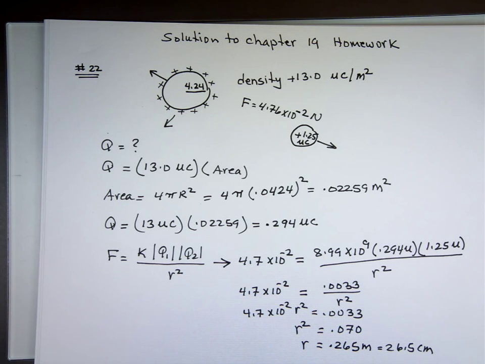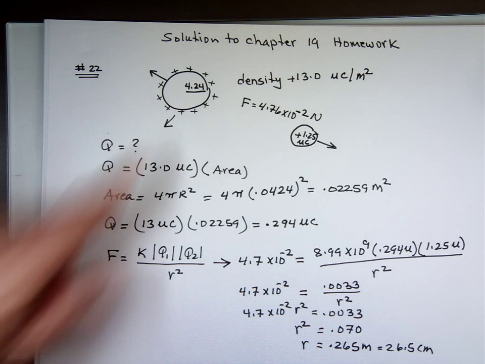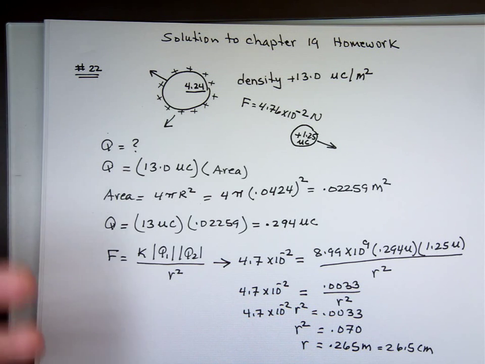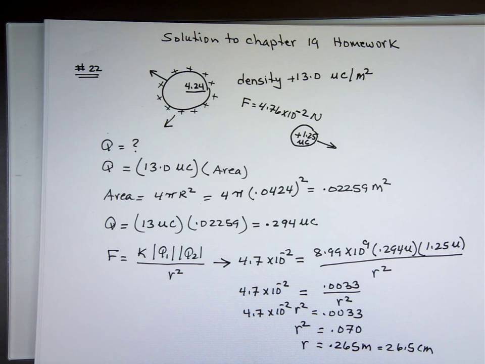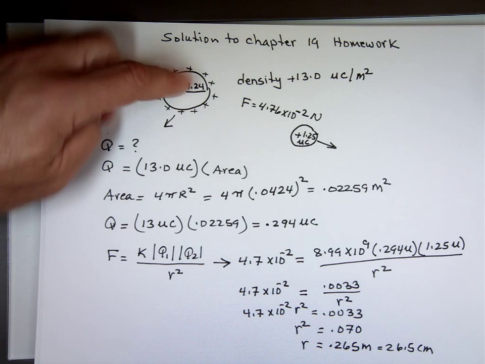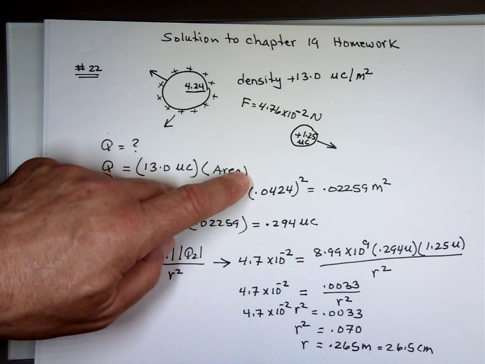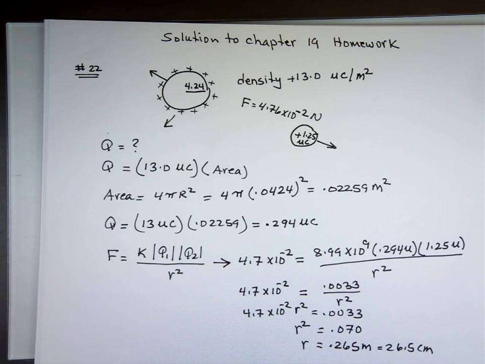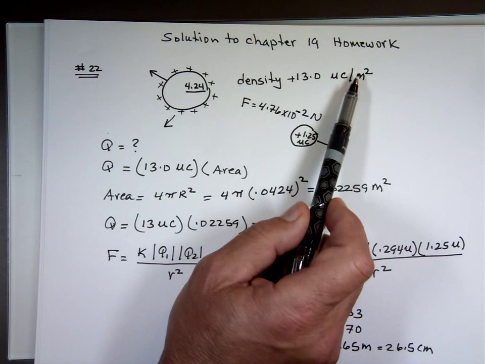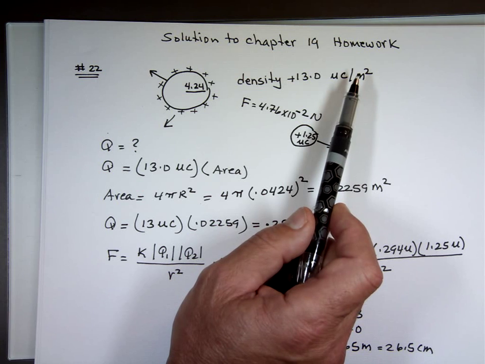So the key to this problem was first to get the charge on this. They didn't give you the charge. They gave you the density, which is how many coulombs per meter squared. So if you know how many meters squared you have there, you know what the charge of that is. Square is always the unit for area.